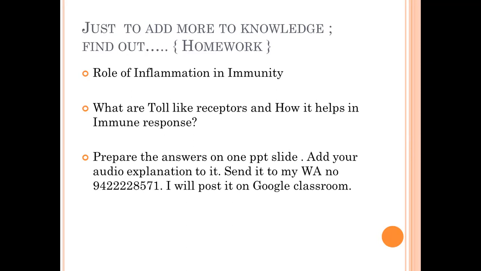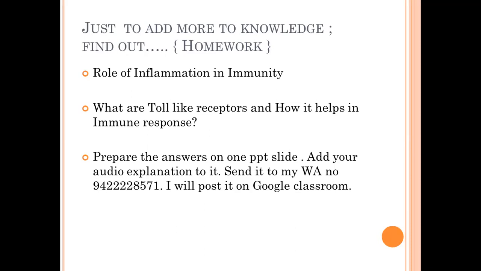Write the answers on the PowerPoint slide and add your audio explanation to it, and send this to my WhatsApp number, which is given. I will post that on the Google Classroom.